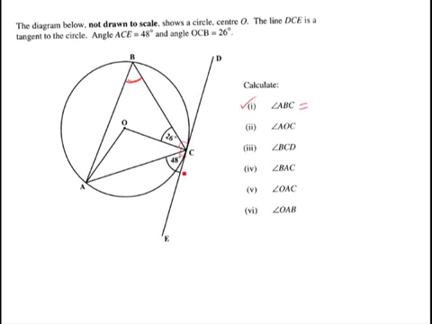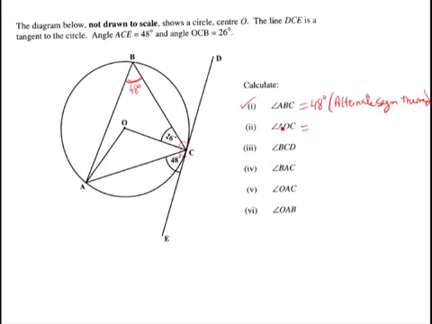So the angle in the minor segment is equal to the angle over there in the major segment. So this is going to be 48 degrees as well. Okay, so that's 48 degrees. And the reason for that is the alternate segment theorem.